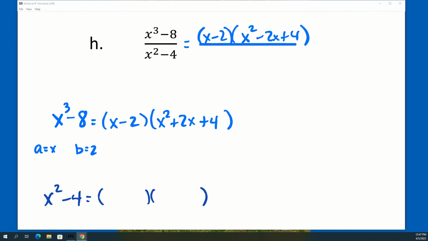Okay, so for x squared minus 4, it's the difference of squares. So we find each square root and do one with a plus and do one with a minus. All right, and then x minus 2 has to die.